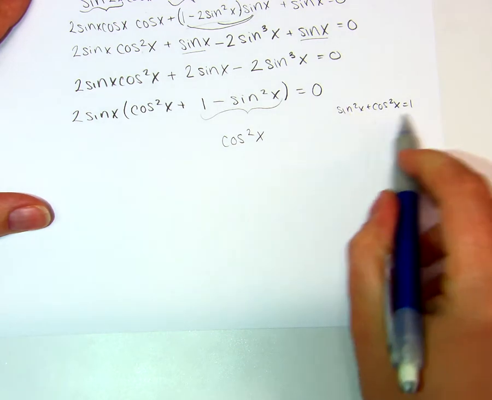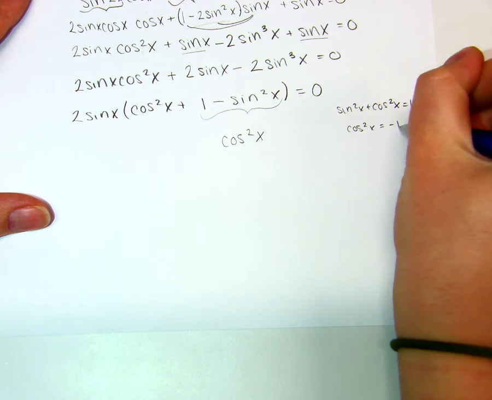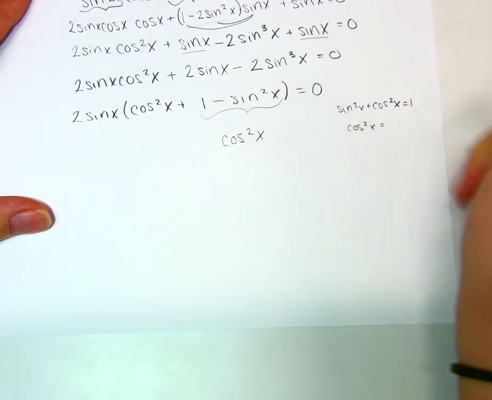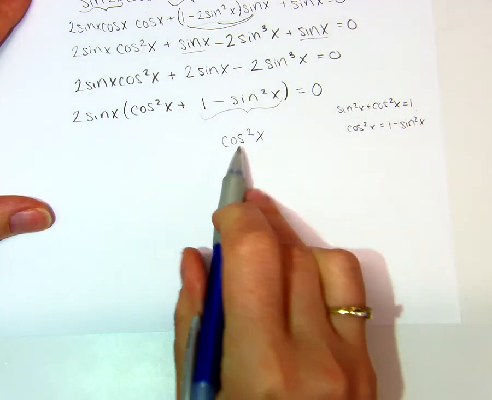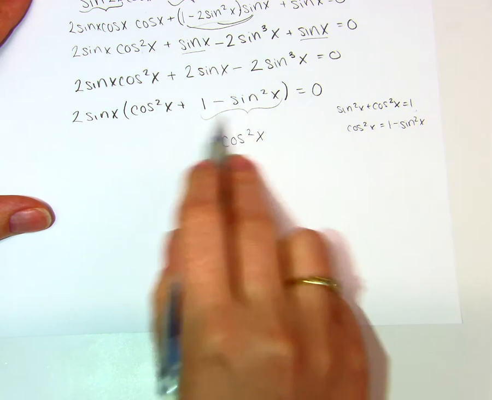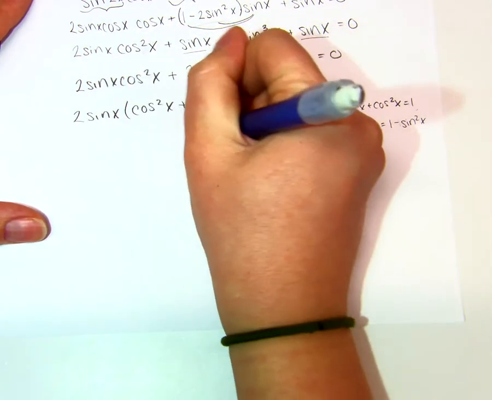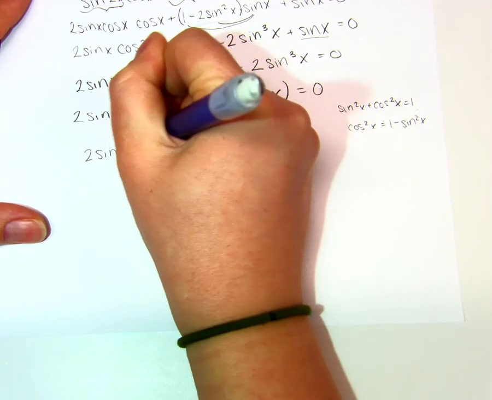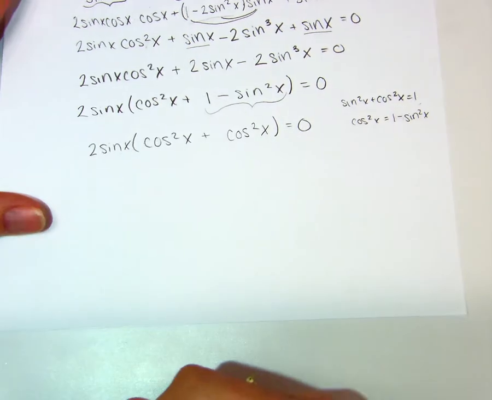And if I were to move my sine squared x over, I would get cosine squared x equals 1 minus sine squared x. So I could plug in that cosine squared x for that quantity. So now I have 2 sine x isn't changing. I have a cosine squared x plus another cosine squared x equals 0.